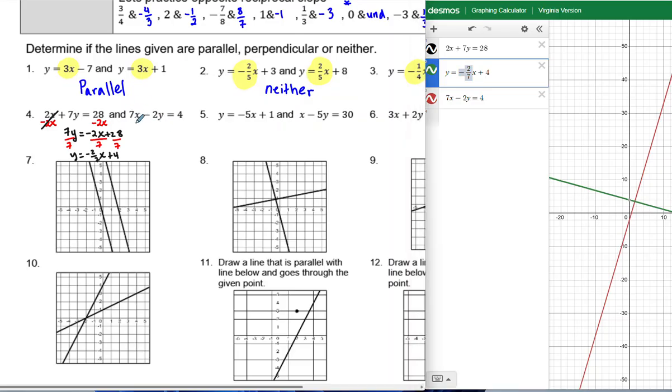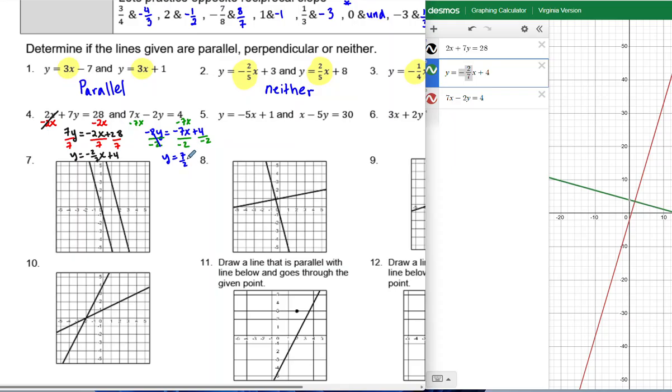So take the x term over, so subtract 7x, subtract 7x here, and then I have negative 2y equals negative 7x plus 4. And then divide by negative 2 on both sides. So that would be y equals negative negative is a positive, and then 7 over 2.